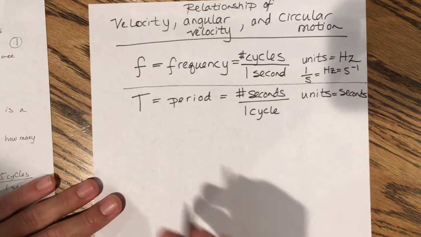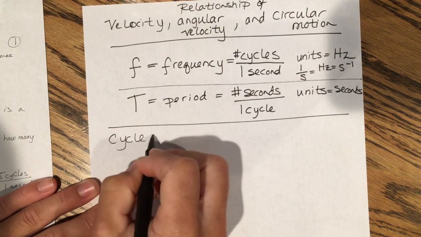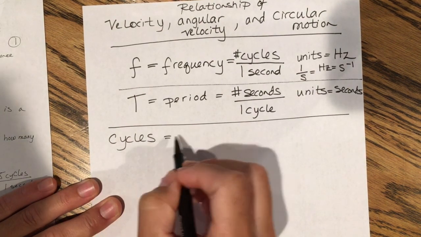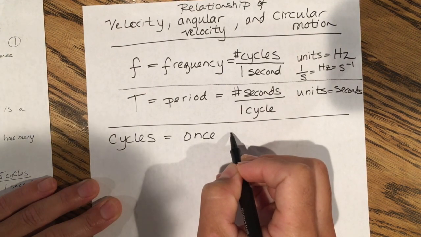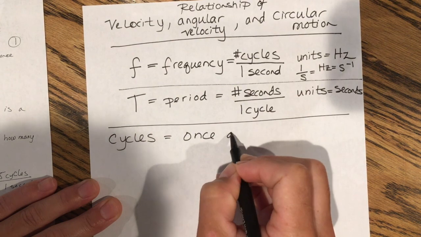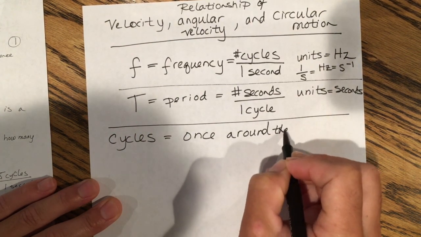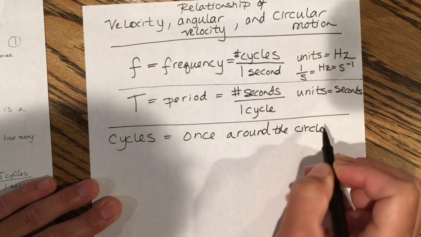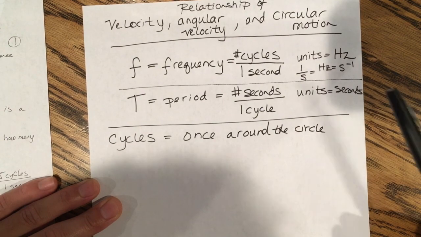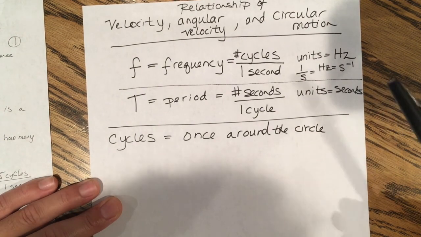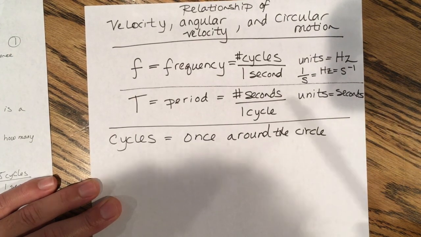So I guess we can say about cycles, what is it? Well, it means once around the circle. It could be anything. It could be me tapping my pencil, right? And if a cycle is a tap, and I tap at 1 cycle per second, then it's 1 1,000, 2 1,000, 3 1,000, 4 1,000.